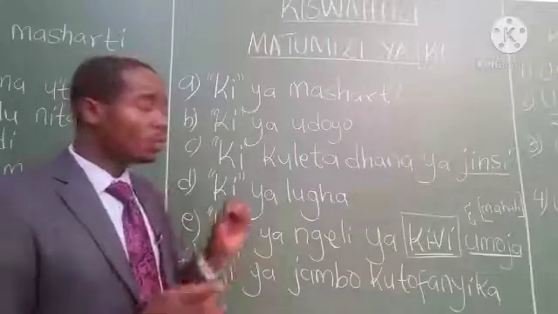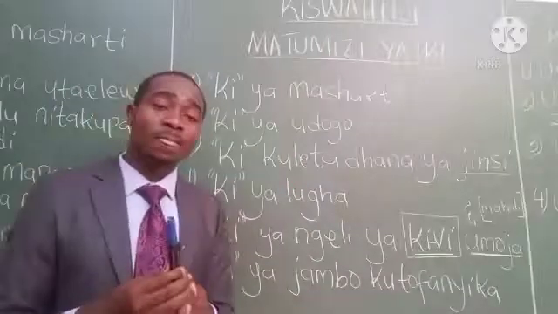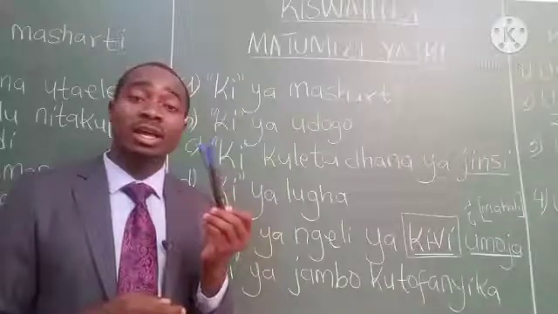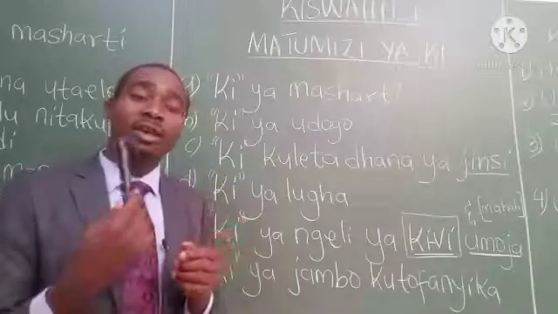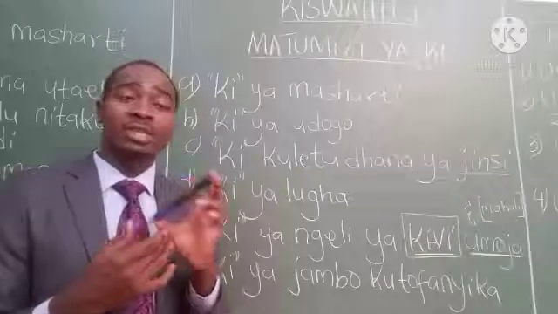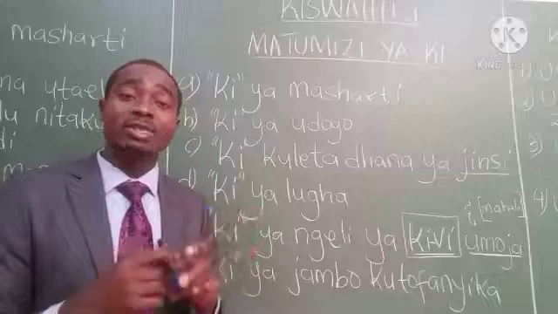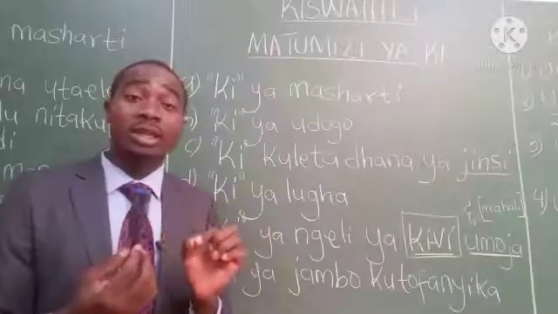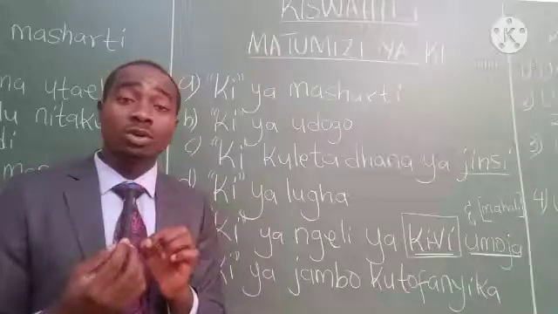So here, for instance, when this marker pen is very small, and I want to praise it for its smallness, I will say kiji kalamu. The actual word, the real word is kalamu.